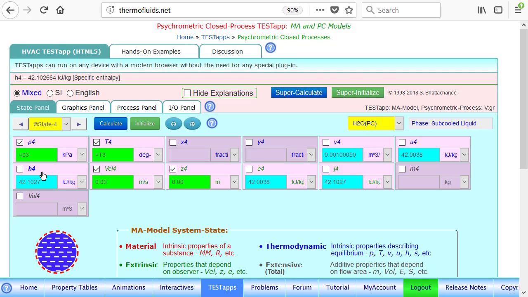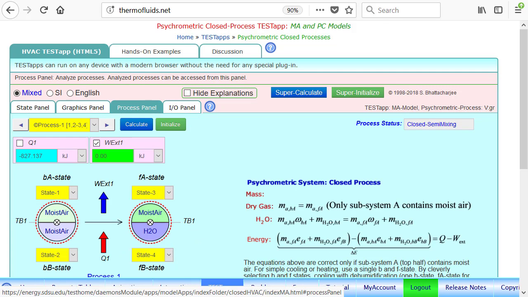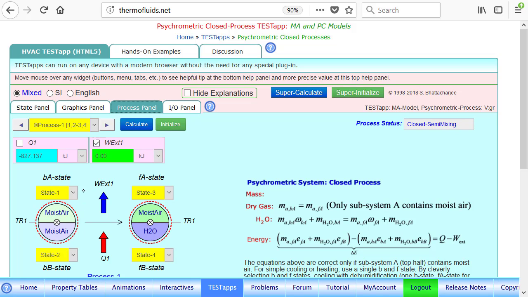In the process panel, we have states 1 and 2 as our beginning states, because we have two subsystems. Both are moist air. For the final states, we also have two states. State 3 is our final moist air state, and state 4 is our pure H2O state, as you can see from the dynamic diagram.